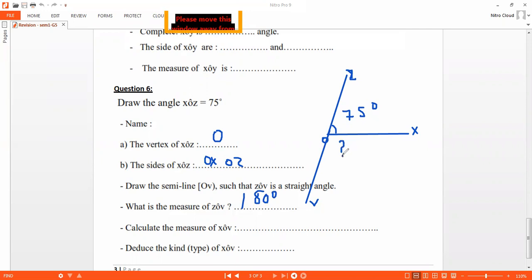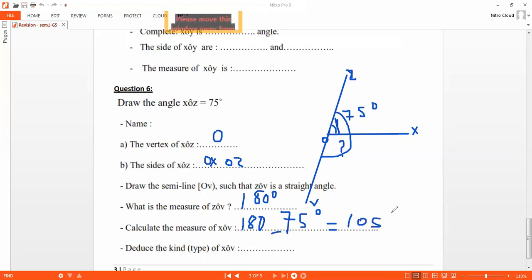They asked you to calculate and not to measure, so you don't need to use a protractor. You know that this is a straight angle and it's 180, and we already have here 75. So we do 180 minus 75, which is 105.